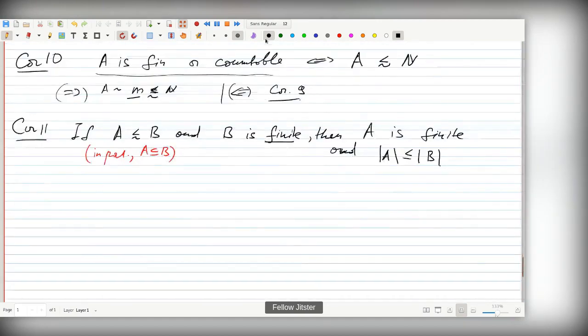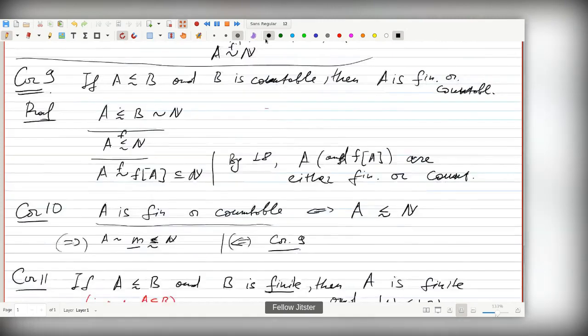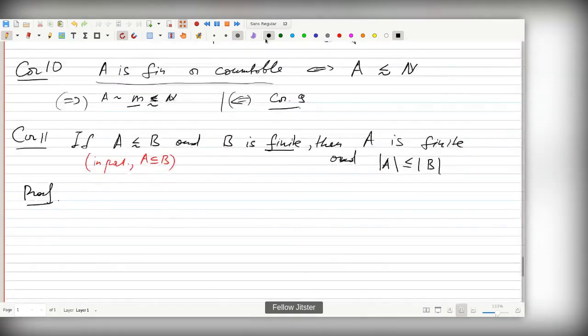How can one prove it? It is still quite easy to do so. By corollary 9. So let A be embeddable into B, and B finite, that is, be equivalent to some n underlined.